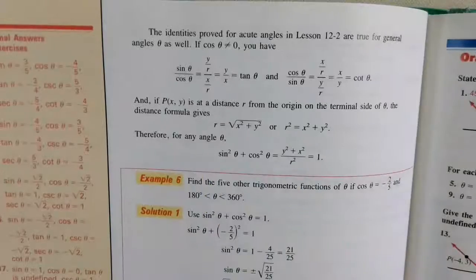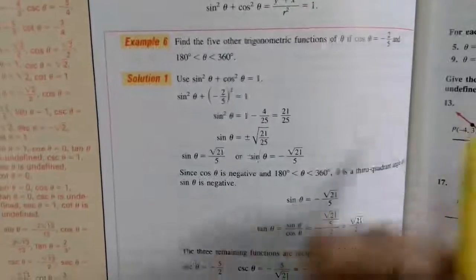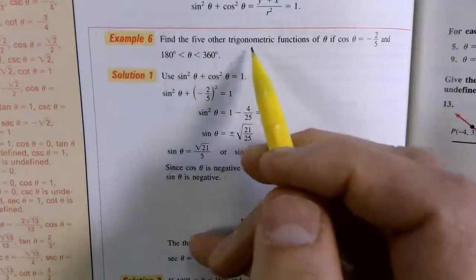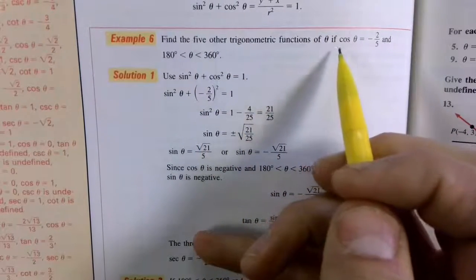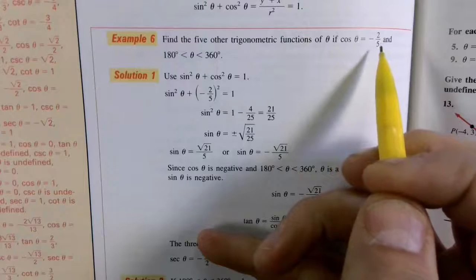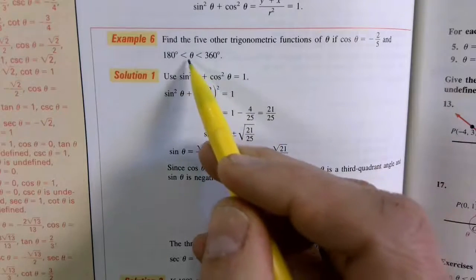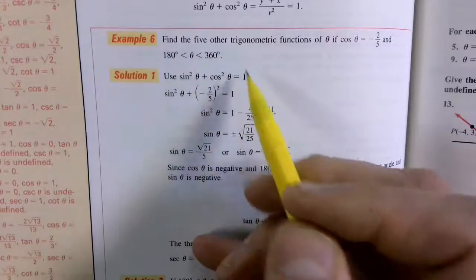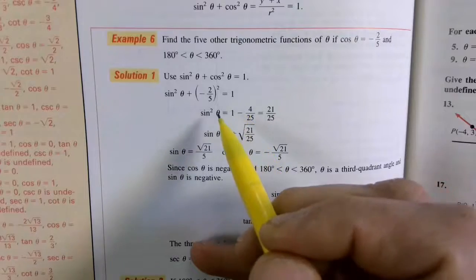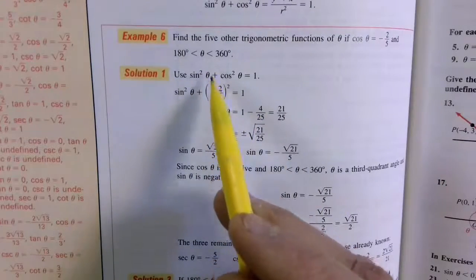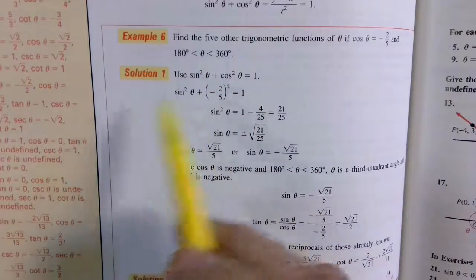Okay, so example 6. Let's see what it says. Find the 5 other trigonometric functions of theta if the cosine of theta is negative 2/5, and theta is bigger than 180 but less than 360. Okay, so it gave us this restriction so we can fit it into its quadrant.